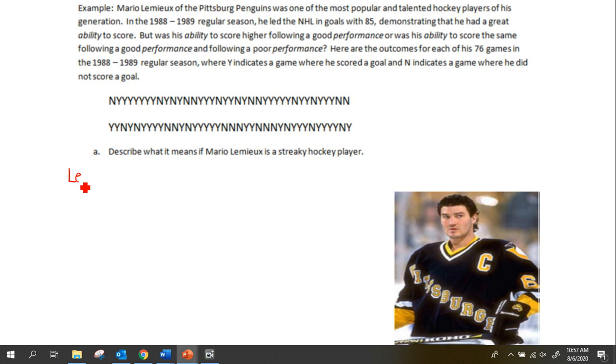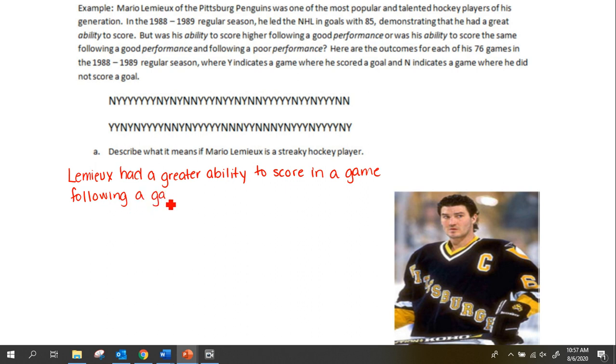So what that would mean is that Lemieux had a greater ability to score in a game following a game where he had scored than one where he didn't.